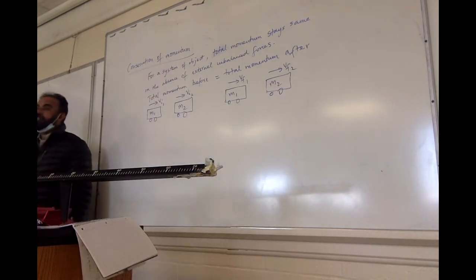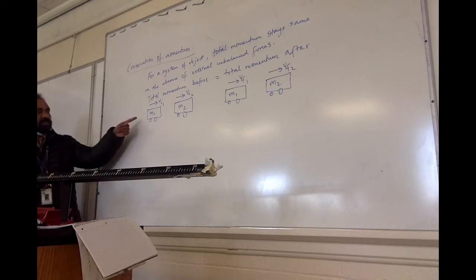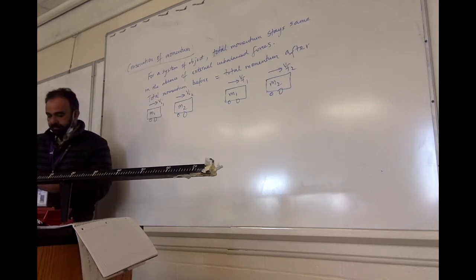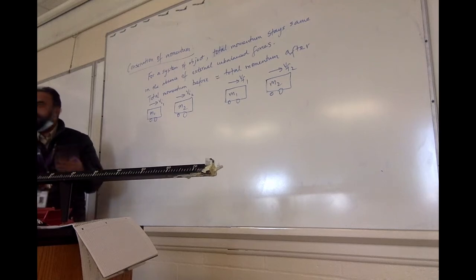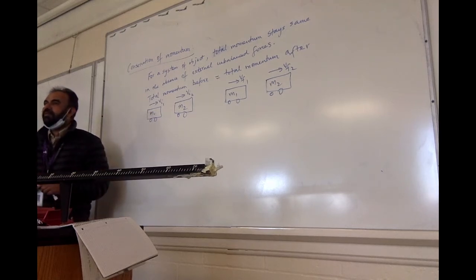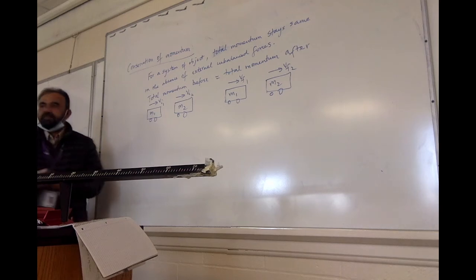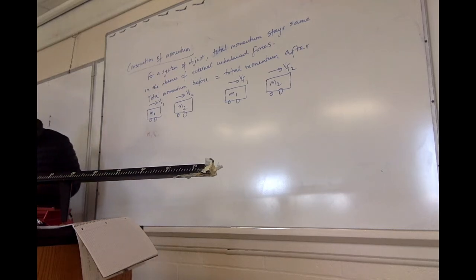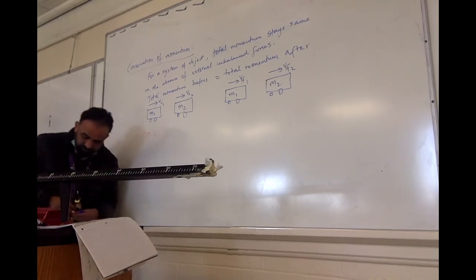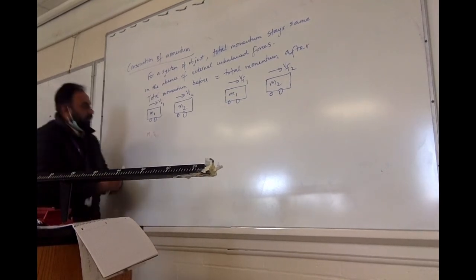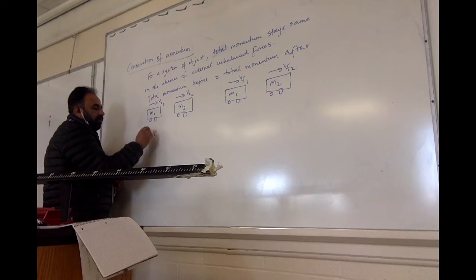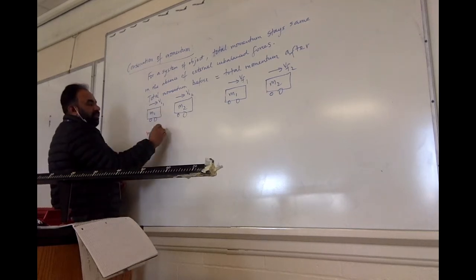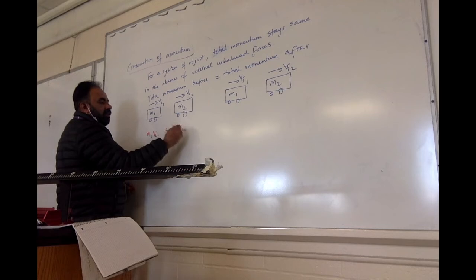But the total momentum should stay the same, right? Now what is the momentum in terms of these letters? Momentum is given by P. P is mass times velocity. So it's m1 vi1. And the momentum of this one is m2 vi2.